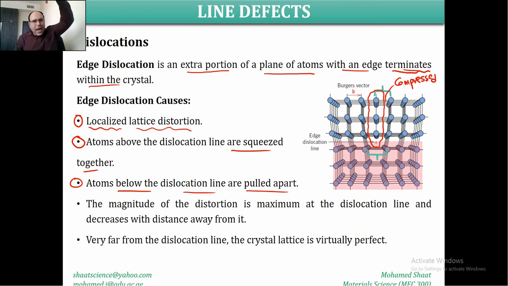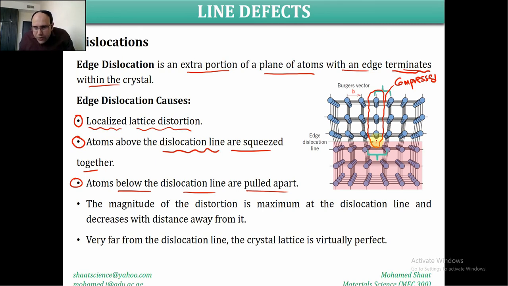So when we try to add one extra portion of a plane within this crystal, these springs will be compressed. That's why they are squeezed, because you are squeezing something in the middle. It means that these atoms will be squeezed. So, for the atoms above the dislocation line, what is a dislocation line?